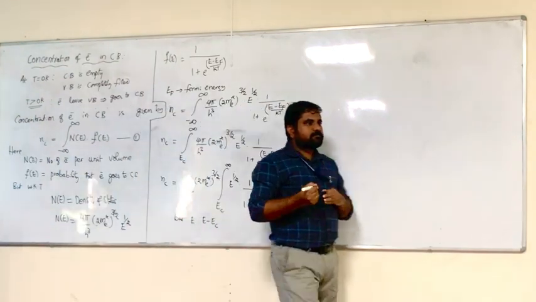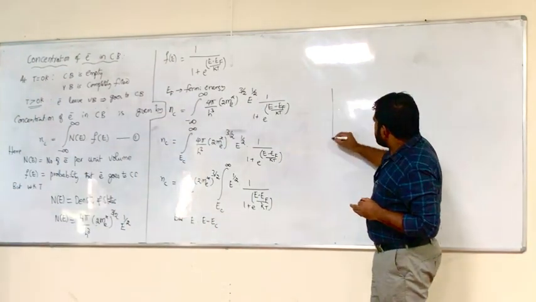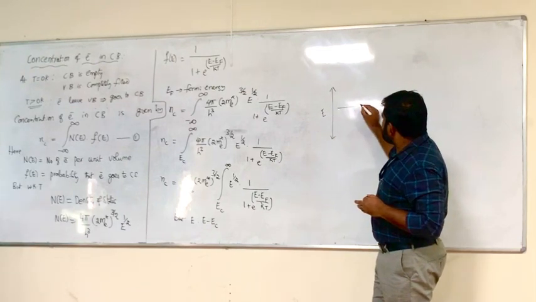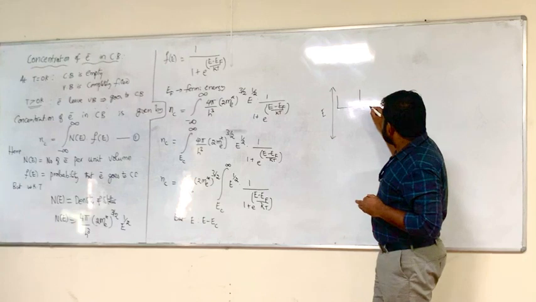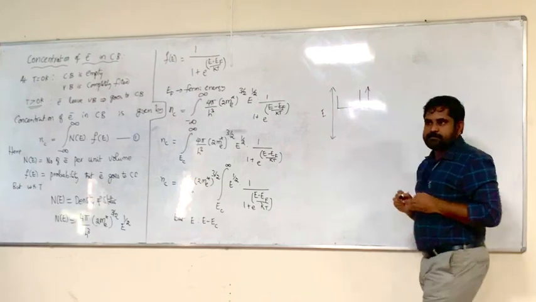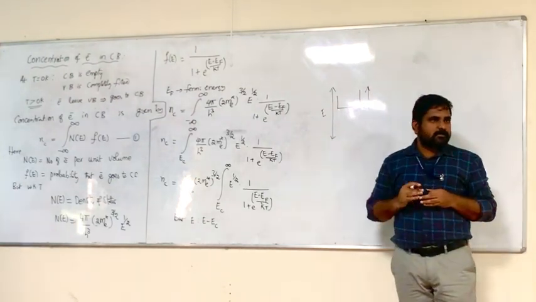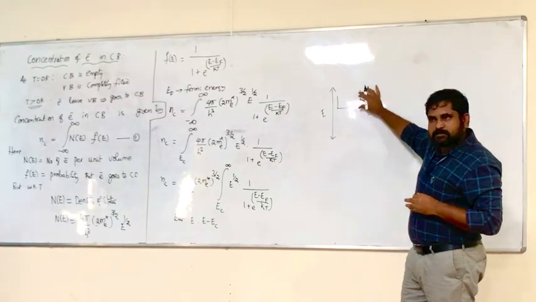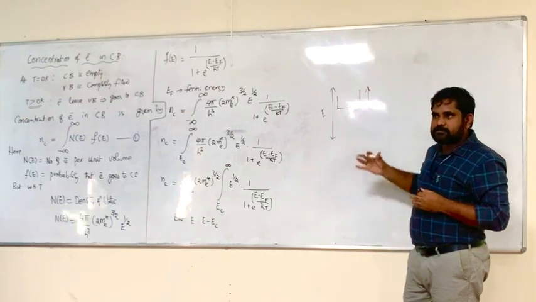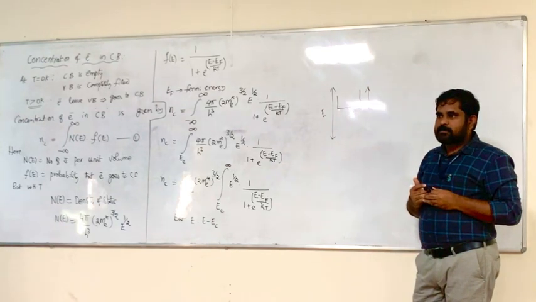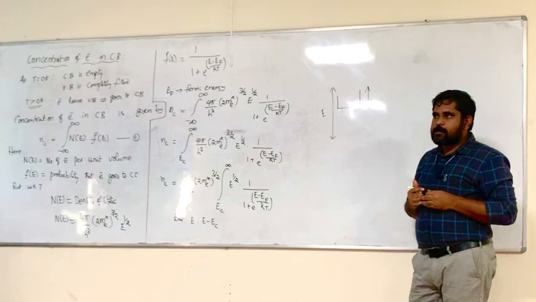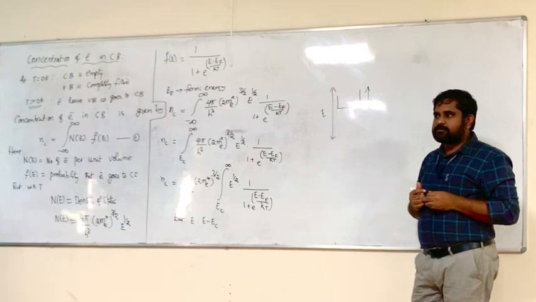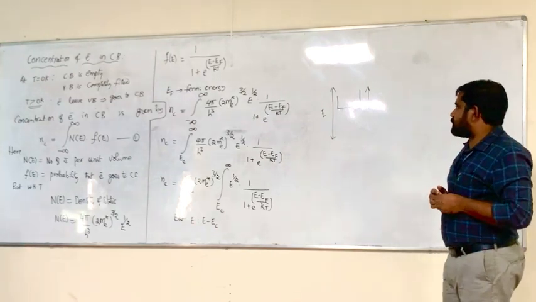But see, if the total is E, and this is my conduction band starting from EC, I want only this information, not the total energy. How do I write it? Total minus valency band, E minus EV should come? So that is not the way to understand it.